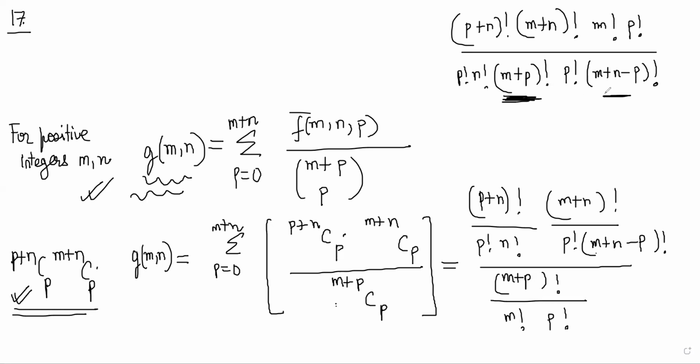I have to combine these two. I need m plus 2m plus n factorial on top. I'll put it down also.